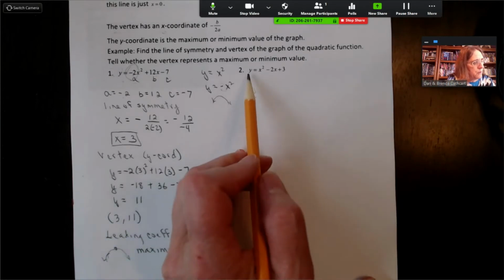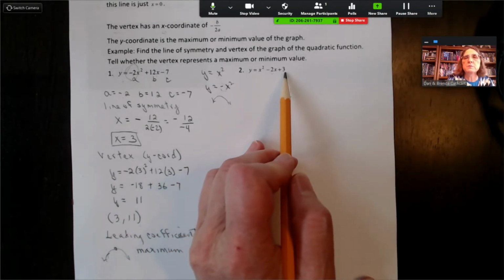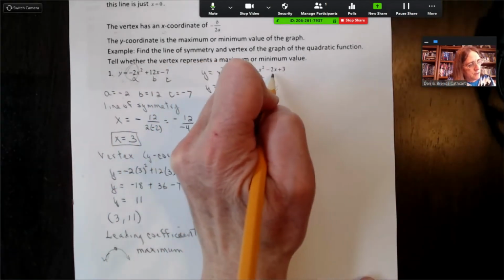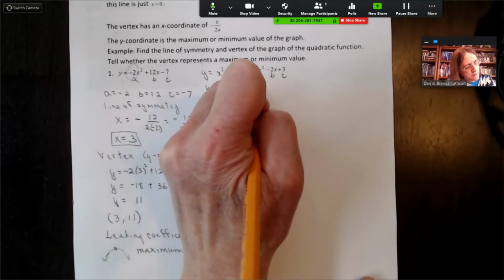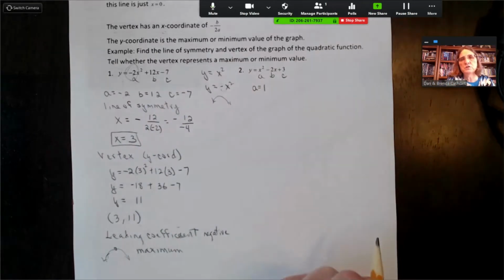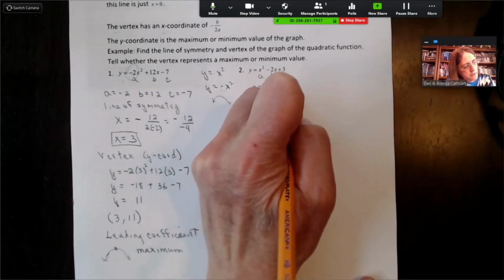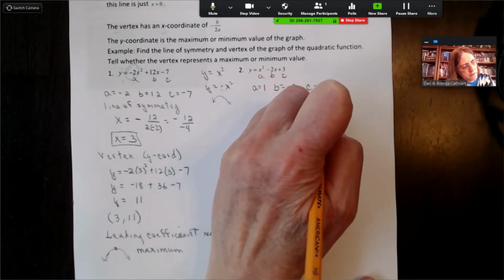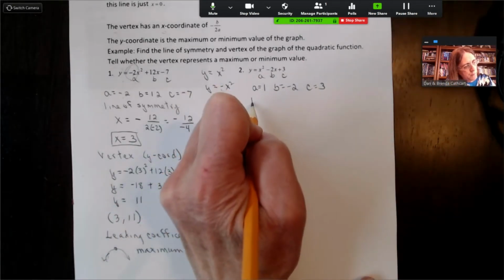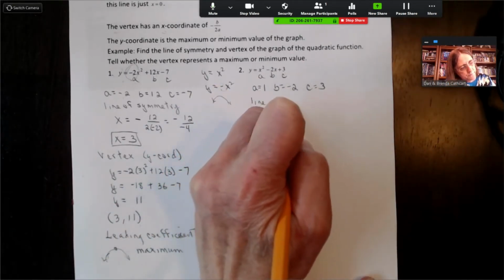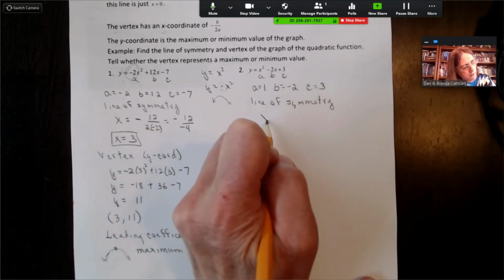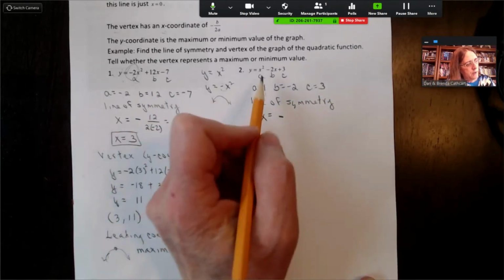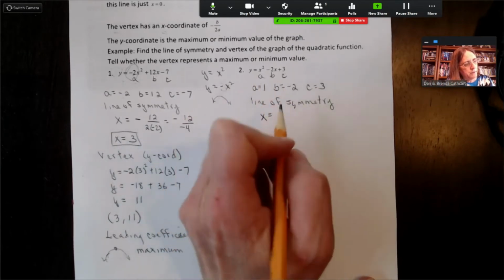In this case, we have y equals x squared minus 2x plus 3, which in standard form, we have our a, b, and our c. Our a is our leading coefficient, which is 1. B is negative 2, and c is 3. So for my line of symmetry, we're going to have x equals the negative of b divided by 2a.